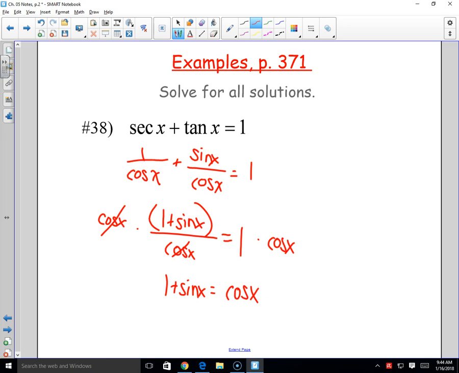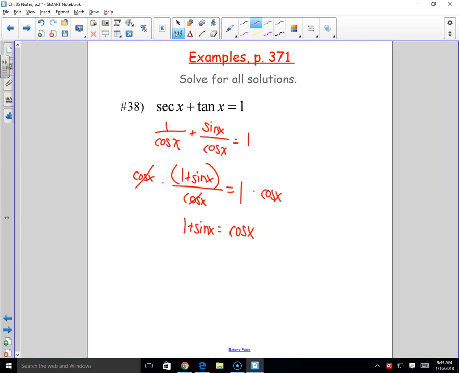What do you do? 1 plus sine equals cosine. I can't divide. I can't subtract. Jacob, what did you say you could do to both sides? If I legally square, everything's not better.